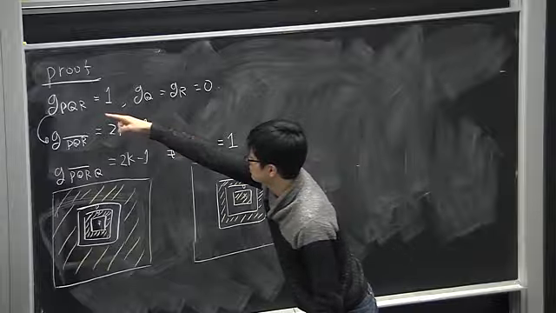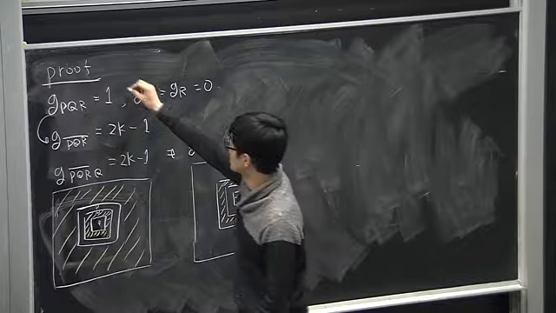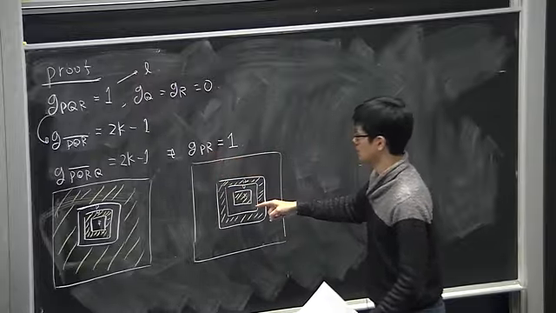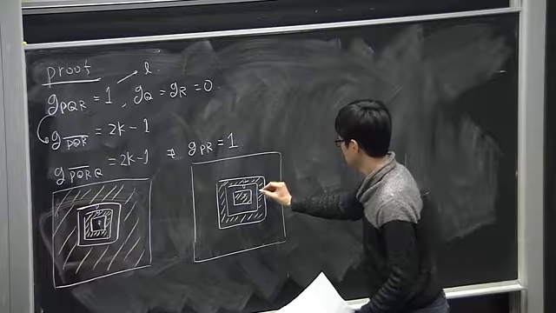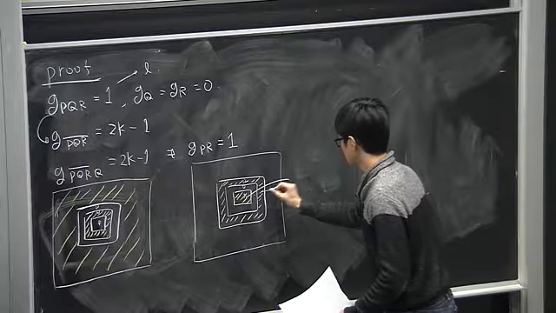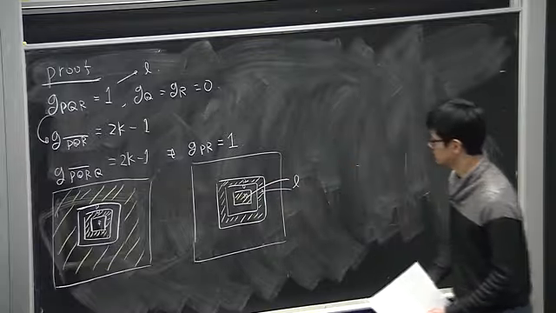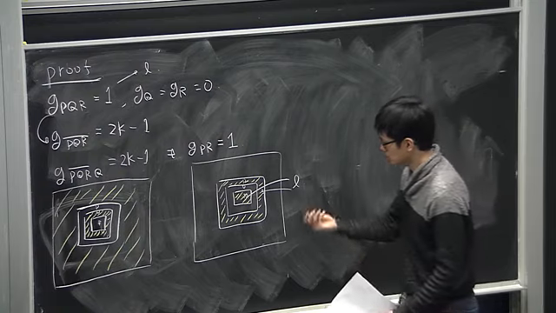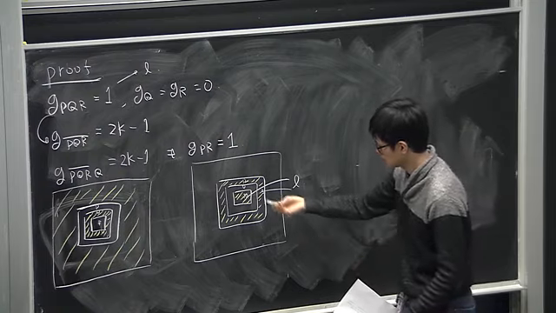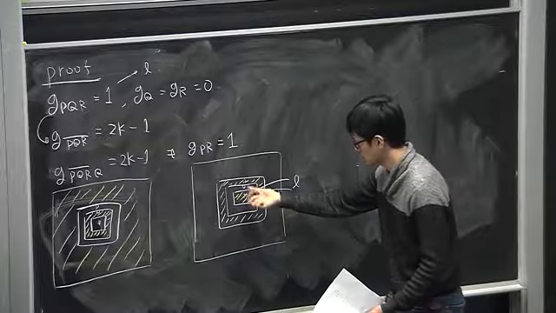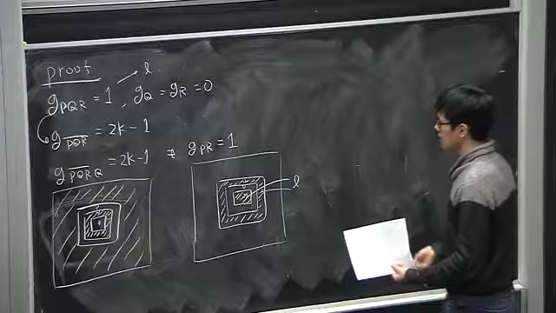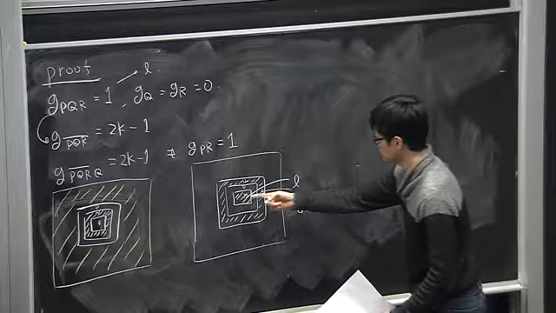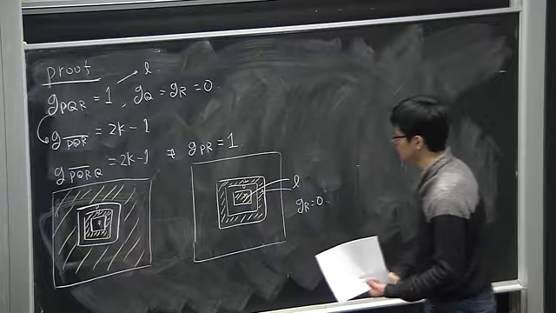Let's call this logical operator L. This means that this logical operator supported on PR must be the same logical operator, so this joint region supports L. But again, because of the locality of stabilizer generators, there are no local operators which talk simultaneously on P and R. And also G_R equals 0, so appending R shouldn't increase the number of logical operators.